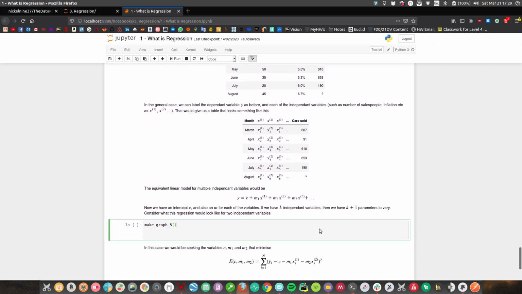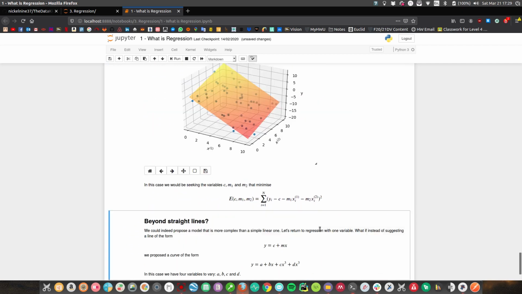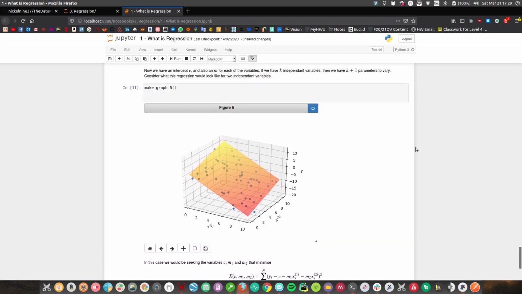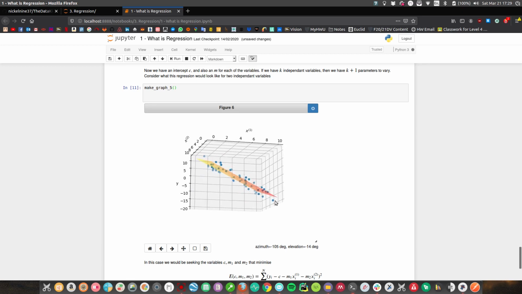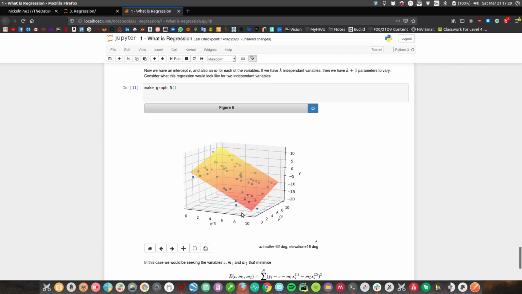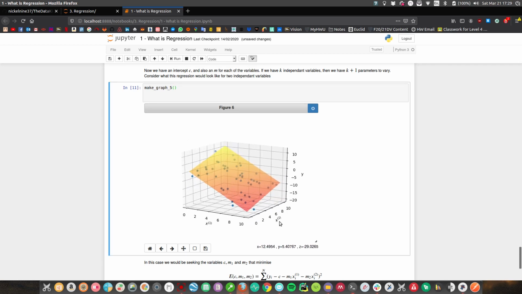So what would that look like on a graph? Well, it would look something like this. Along here we've got our first independent variable, and here we've got our second independent variable, and for every value x1 and x2 we have a y variable as well. So we could plot that on a 3D graph as a 3D coordinate: the x1 coordinate, the x2 coordinate, and the y coordinate.